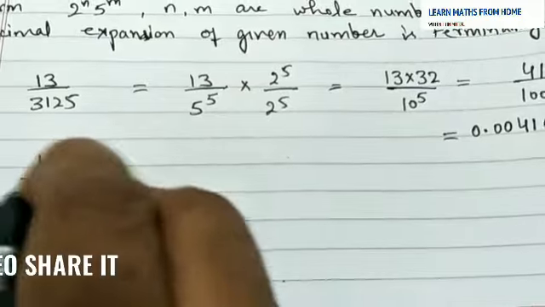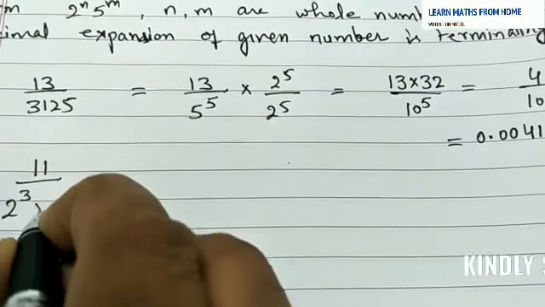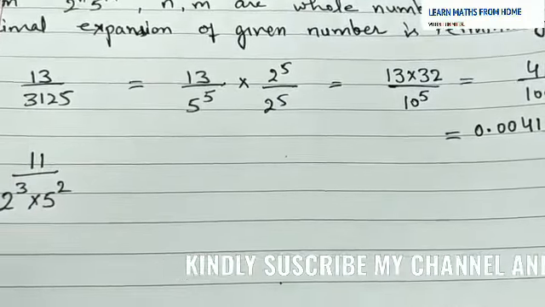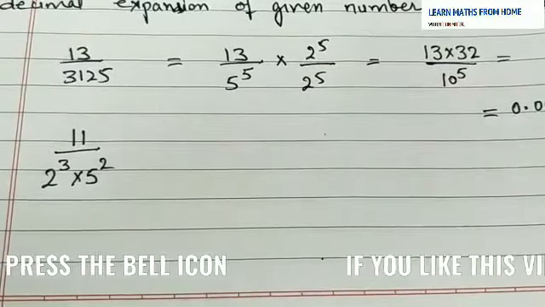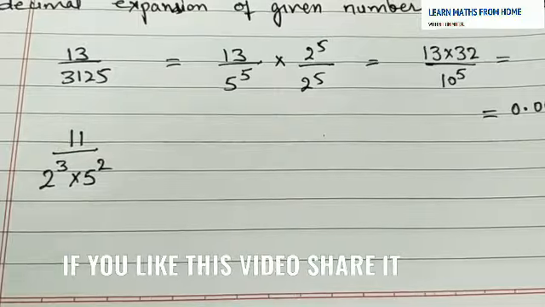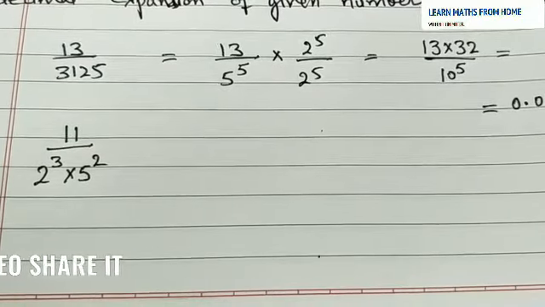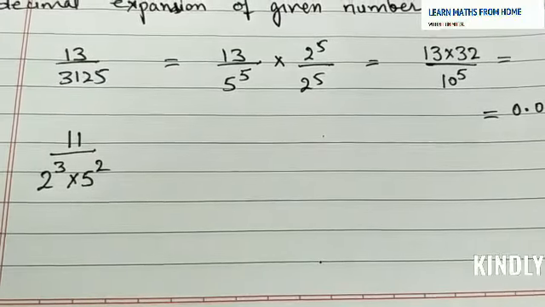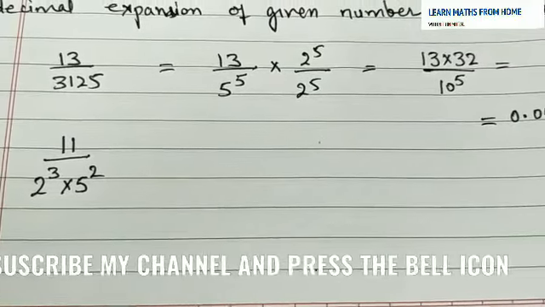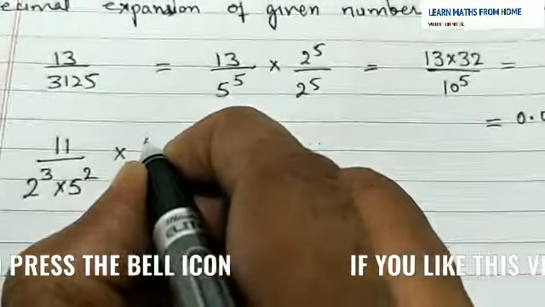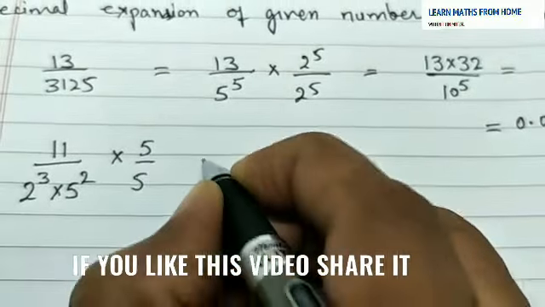Let me take the number 11 over 2 raised to power 3 into 5 raised to power 2. Now what I told you, to convert it into decimal, you should have an equal number of 2's and 5's in the denominator. So if we see there are 3 2's and only 2 5's. So which one is less? One 5 is less. So we'll multiply both numerator and denominator by one 5.